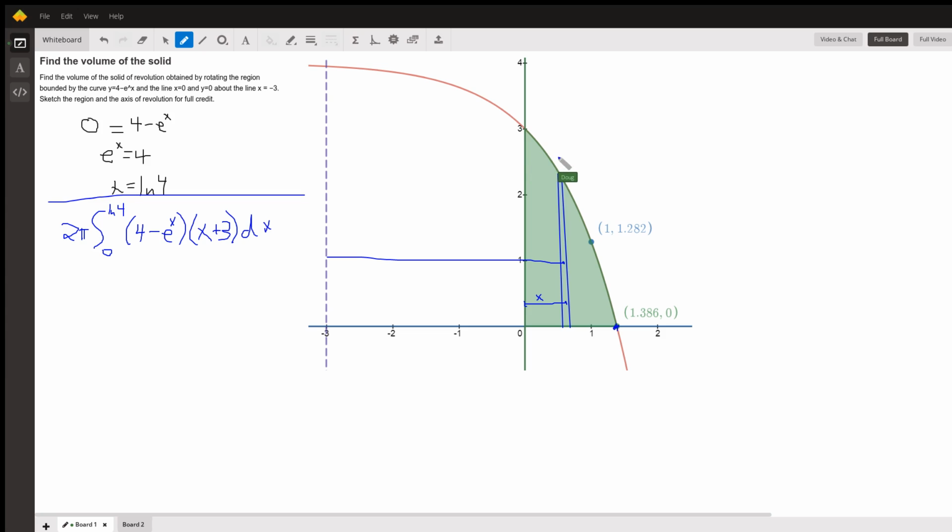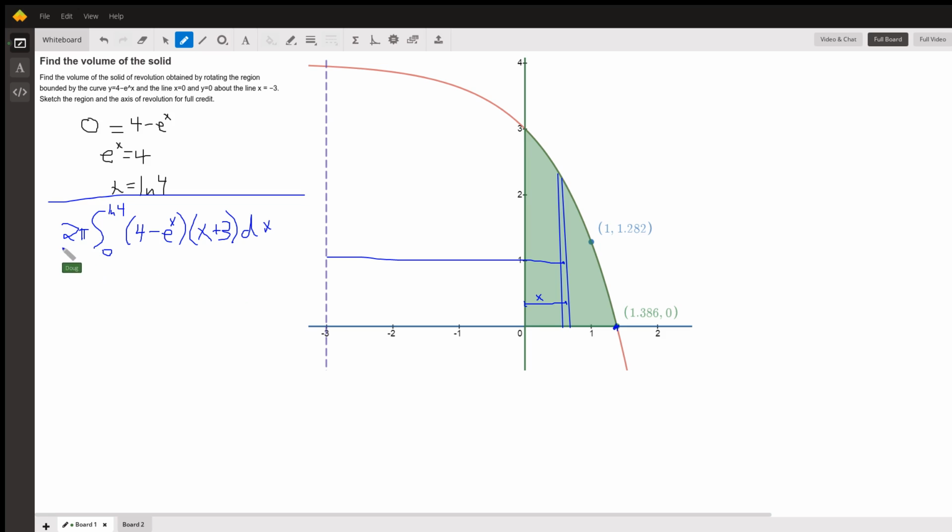The most straightforward method to find that volume is to use the shell method, which means we want our typical shell to be parallel to the axis of revolution, which is the line x equals -3, this dotted line here.